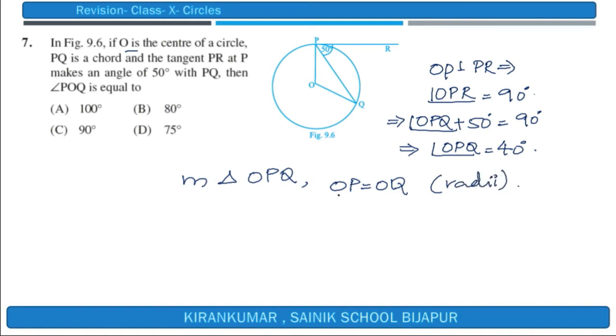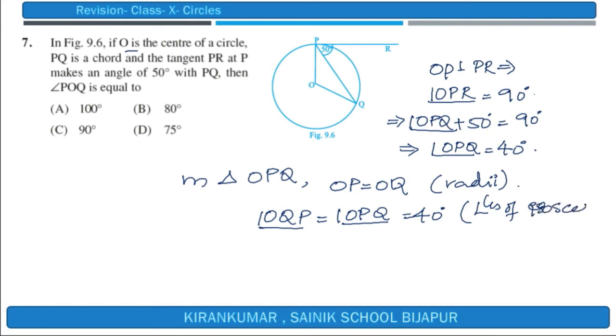Since the sides of the triangle are equal, the angles will be equal. Angle OQP will become equal to angle OPQ. This will be equal to 40 degrees because in an isosceles triangle, the angles opposite equal sides are equal.